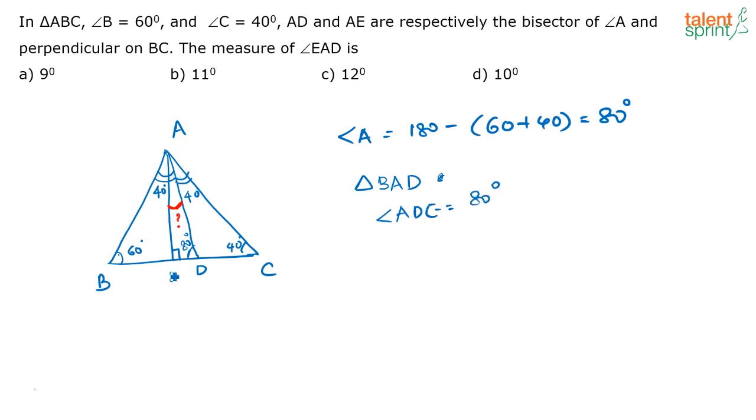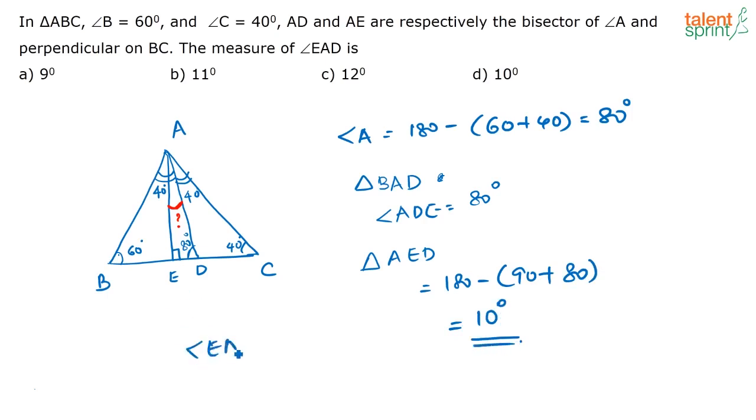Now consider triangle AED. In triangle AED, you know this is 90 degrees and this is 80 degrees. So what is this angle going to be? It's going to be 180 minus (90 plus 80), or that is equal to 180 minus 170, which will be equal to 10 degrees. So I can say angle EAD, that is the required angle, is equal to 10 degrees.